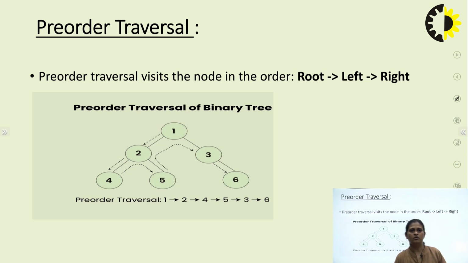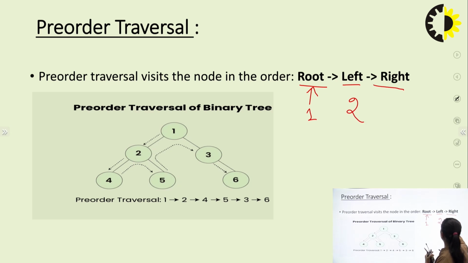Next, pre-order traversal. In a pre-order traversal, we visit the nodes in this order: first we visit the root node, then the left node, and after that the right node. This is the structure of the tree for the pre-order traversal.